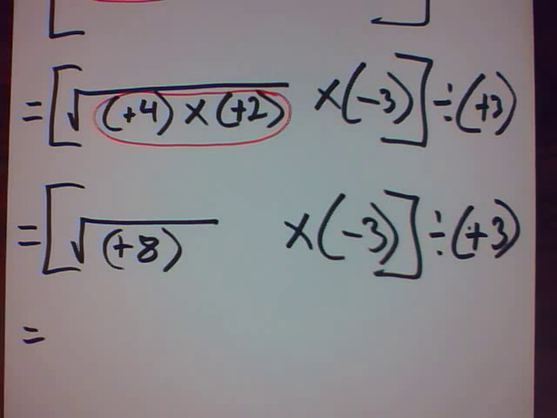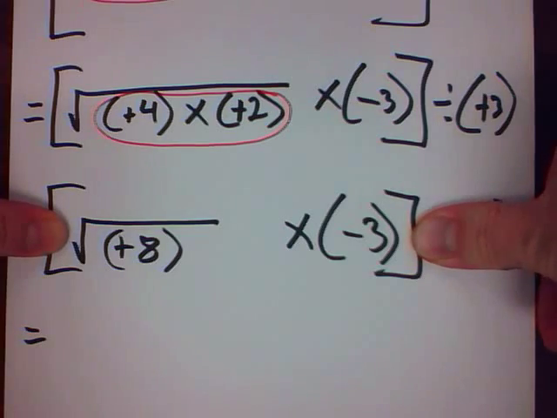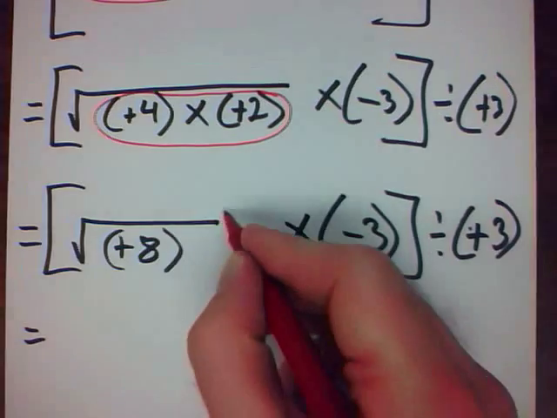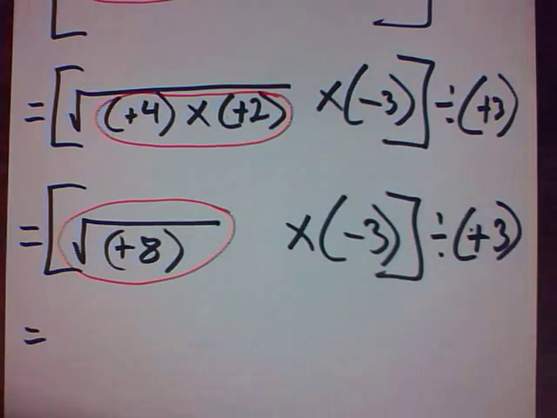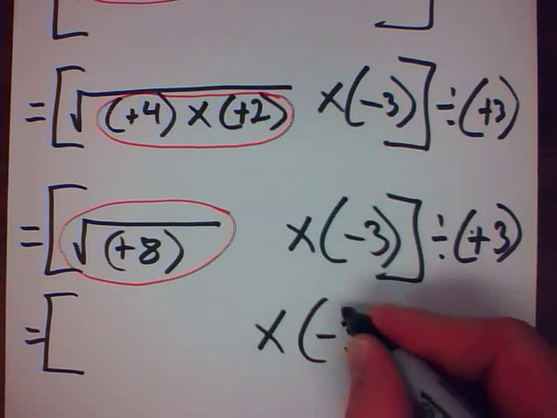BEDMAS again. Brackets. Yep, I've got some. BEDMAS again. Brackets, nothing I can do. Exponents or roots. Yes, I have an exponent or root, and this time I can actually do the exponent or root because there's only one number underneath it. Copy down everything I'm not using.